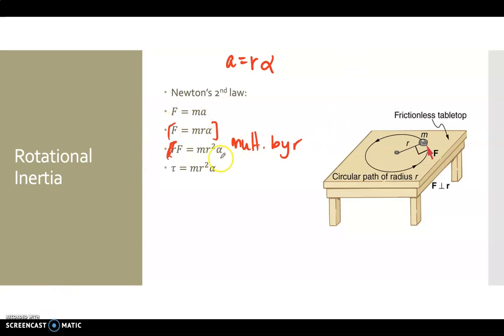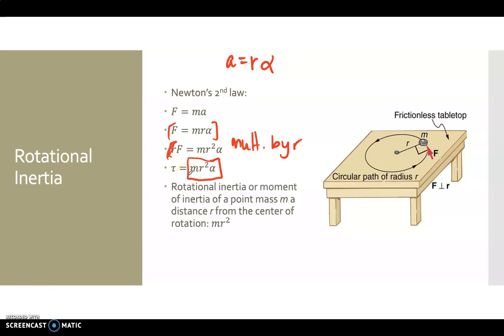And we will now call this our torque, T. So this is a new quantity, torque. Now, our rotational inertia, or moment of inertia, of a point mass m at a distance r from the center of rotation is this quantity here, m times r squared.